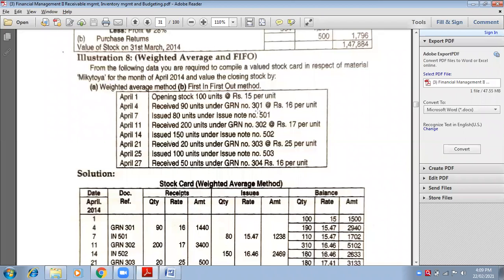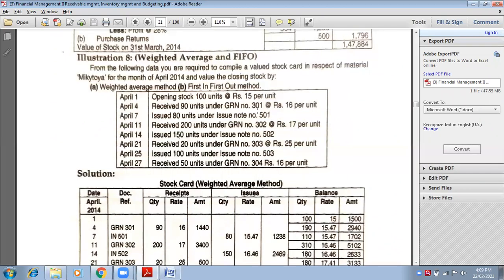Now come to the balance column. Sorry, issue column nil. Come to the balance column. Look at the earlier date. Do we have any stock in our hand? Yes, ma'am. So you need to bring that down first. How much was it? 100 units. Very good.